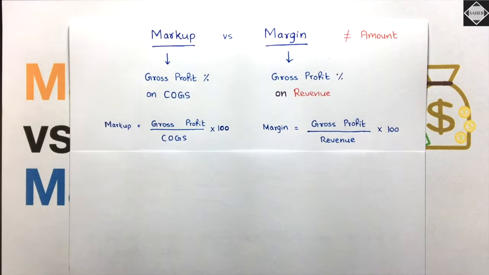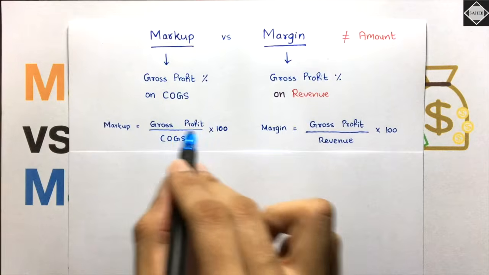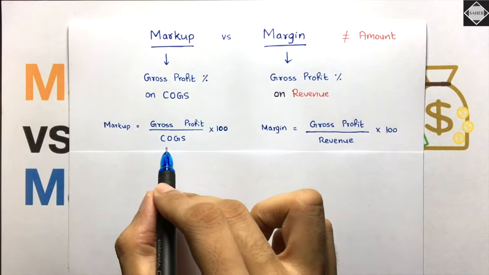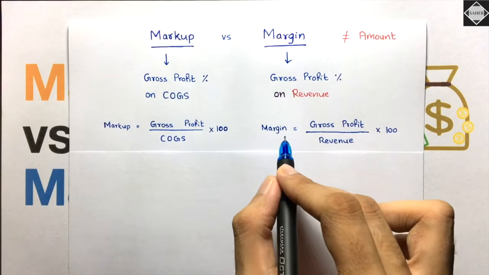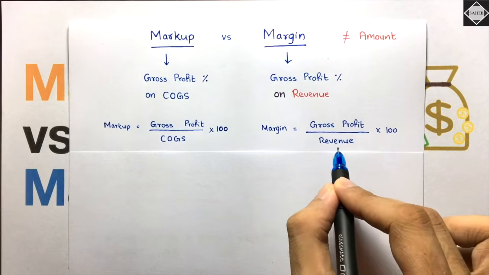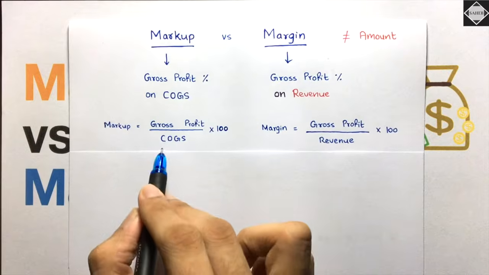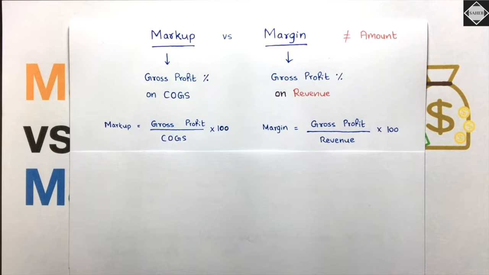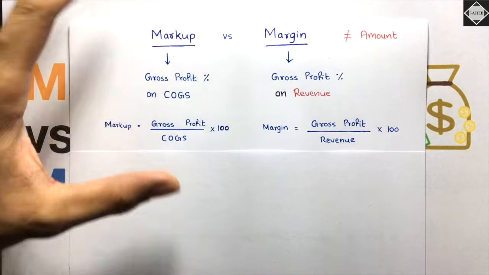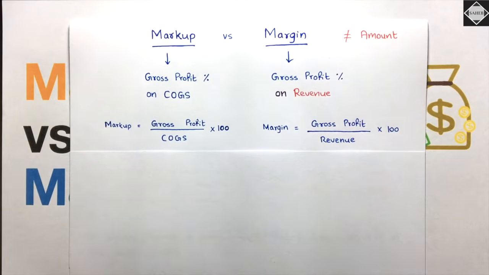See the formulas over here. Markup is equal to gross profit divided by cost of goods sold into 100. Margin is equal to gross profit divided by revenue into 100. See, the base over here is cost of goods sold, and in the margin case the base is revenue. That is the difference. That is why it's called markup, and this is called margin.